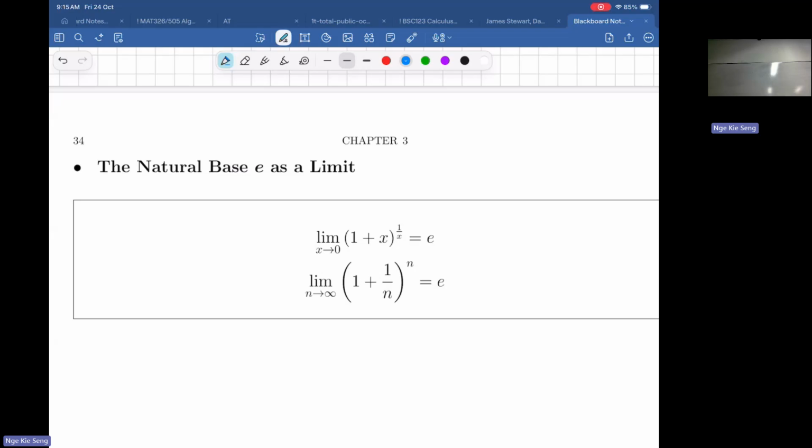Similarly, you can replace this x with 1 over n, so that 1 over n goes to 0, meaning n goes to infinity. There's something I want to remind you: please don't ever write this in a mathematics course.